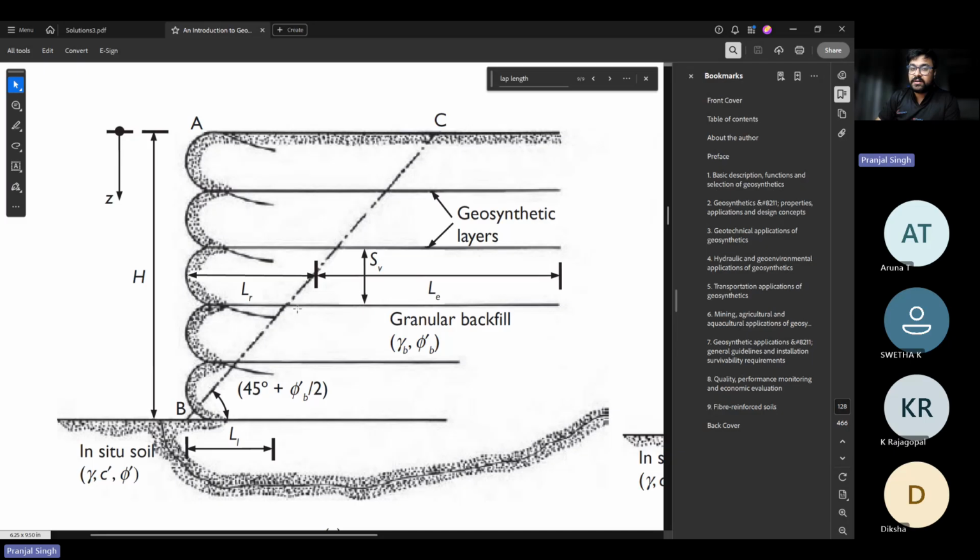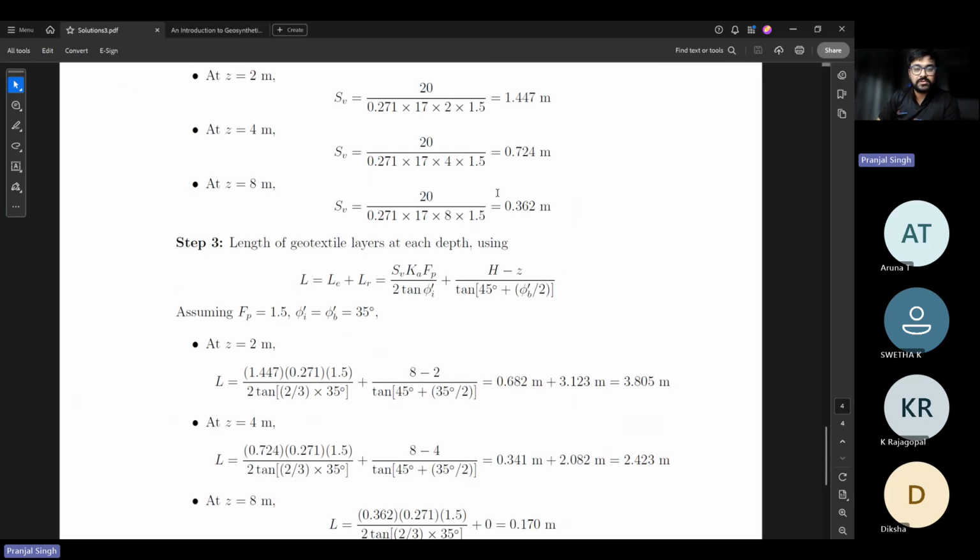And this is your Rankine failure wedge. So the geotextile length inside the wedge is known as LR, and the part outside the wedge is known as LE. So the total length is going to be LE plus LR plus lap length also.